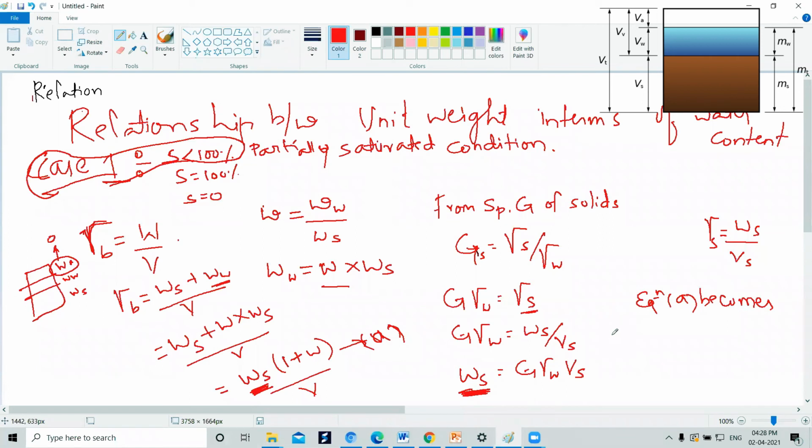Equation A. Unit weight or bulk unit weight is equal to G rho W VS. You are substituting WS in its place, right? What does WS mean? WS here means G rho W VS into 1 plus W, close the bracket, divided by capital V.